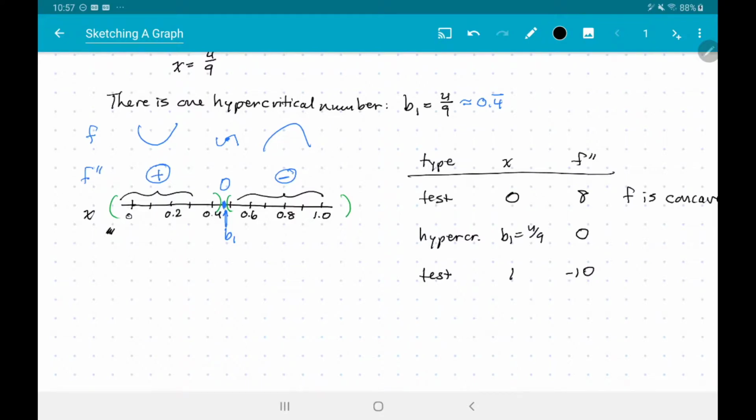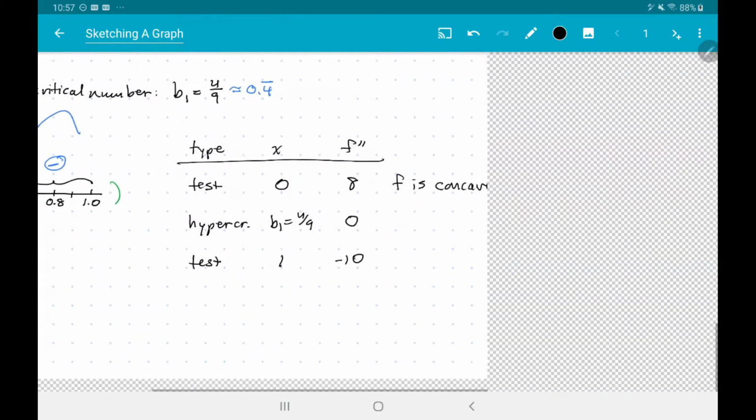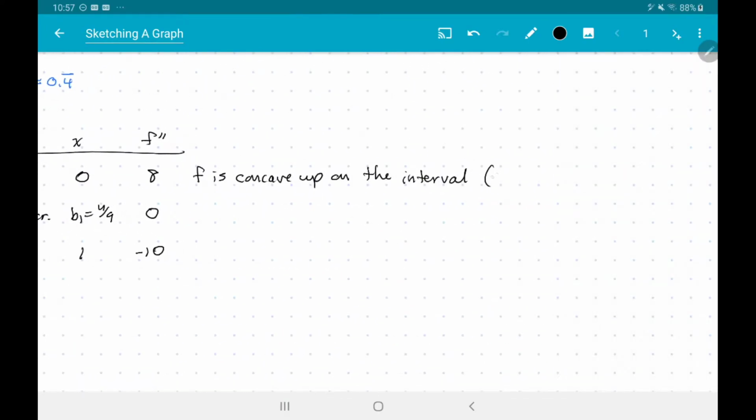The interval starts all the way to the left, and then it goes all the way past the test numbers to B1. So all the way to the left means negative infinity, and then up to the critical number, that's 4/9. Sorry, up to the critical number, the hypercritical number.